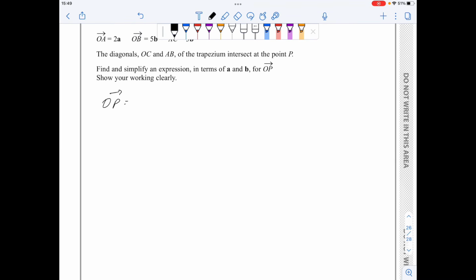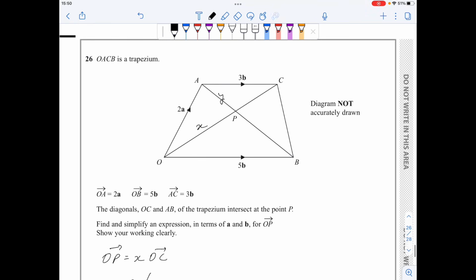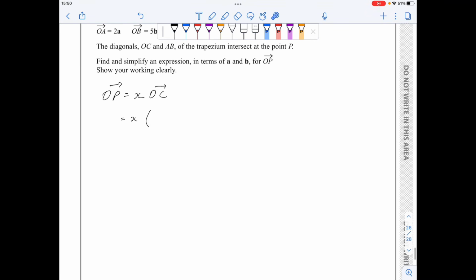OP is a fraction of OC, X OC, which is equal to X times the vector OC, and note that OC is equal to OA plus AC, which is 2a plus 3b. I can expand this and get 2xa plus 3xb.